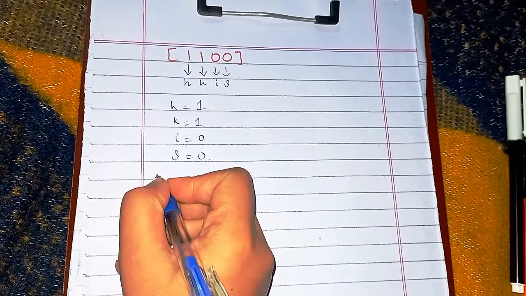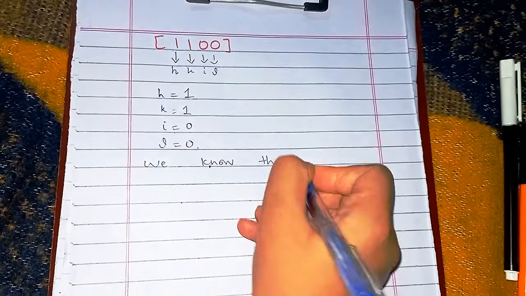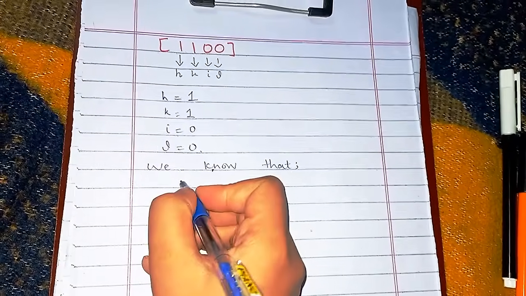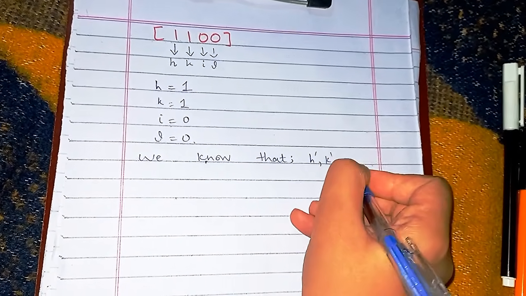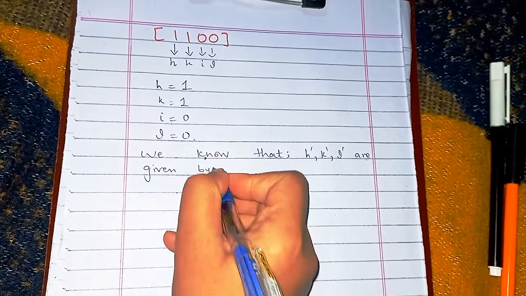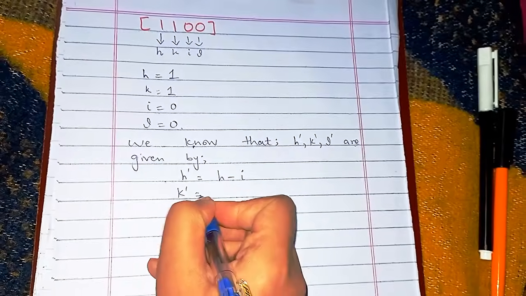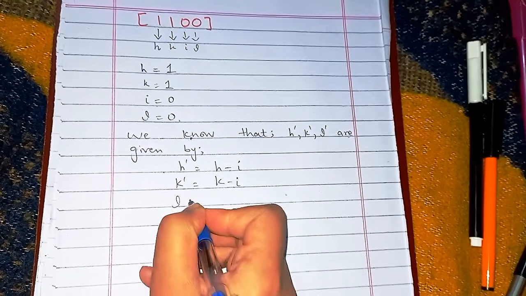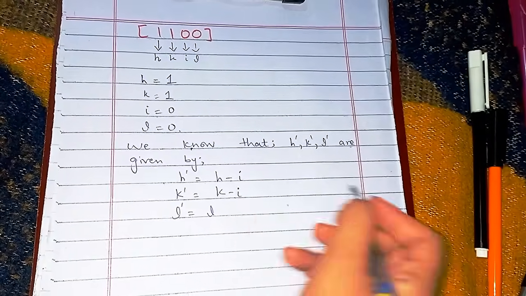Here are the transformation equations. H prime, K prime, and L prime are given by: H prime equals H minus I, K prime equals K minus I, L prime equals L. Okay, that is a really simple transformation equation.